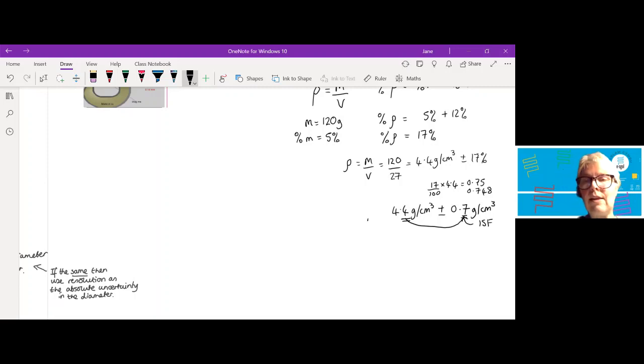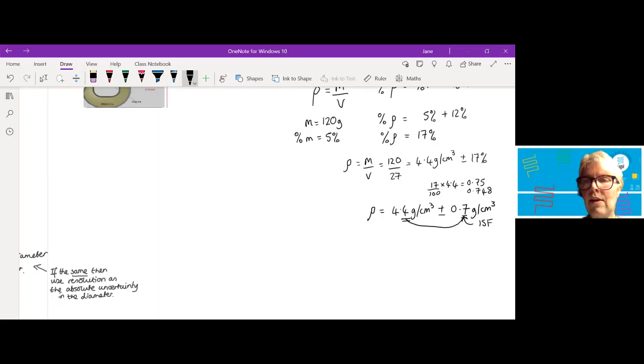And actually, that ties in beautifully. I think that's probably one of the hardest things to see because it's your last mark. So you do all of this working and you get this far and you've been careful, and then your final statement of the uncertainty and tying in with the final value, that is very often where candidates rush a little bit too much and don't look at it and see if it ties in.